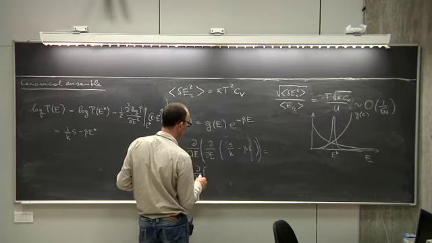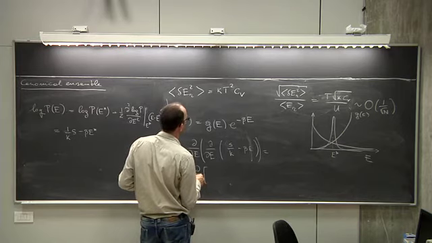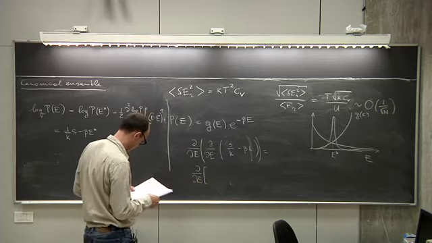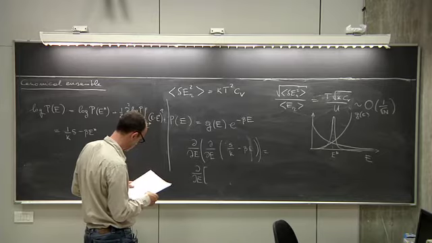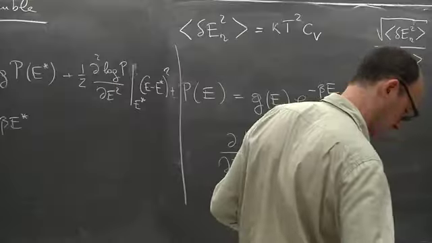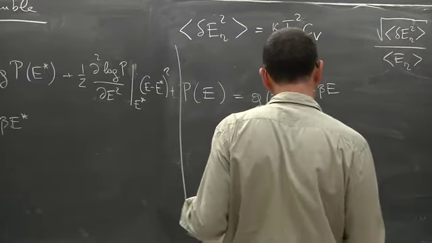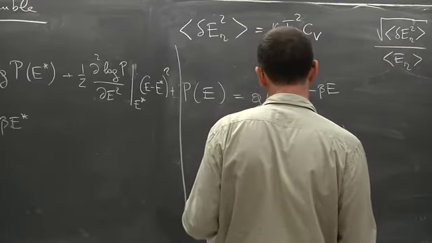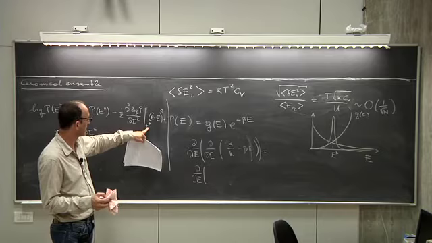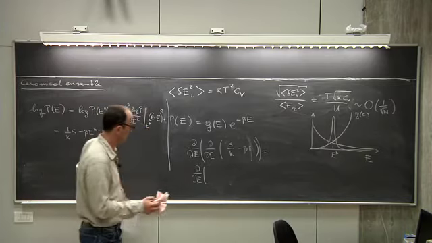Wait a moment. No, this is not the right way to proceed, because if I compute this second derivative, I should put E equal to E star only at the end.